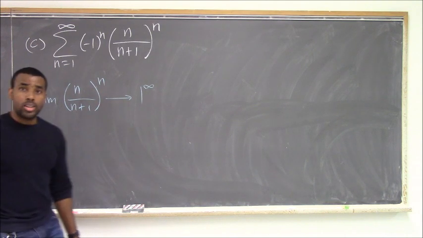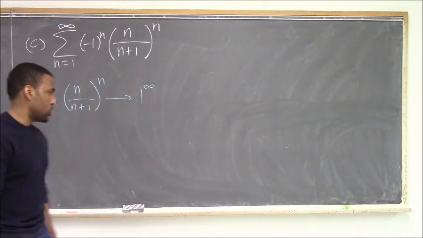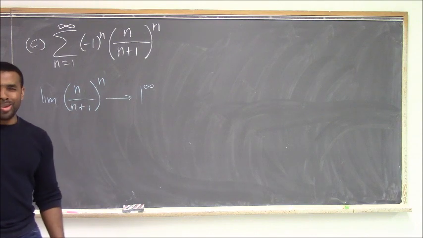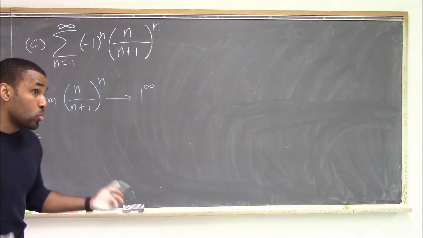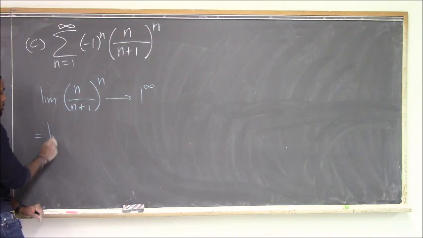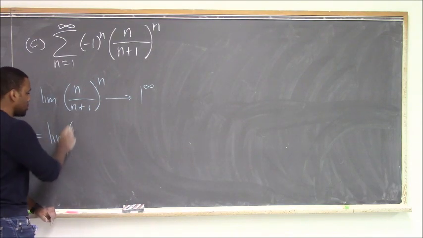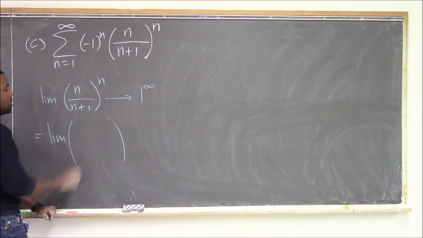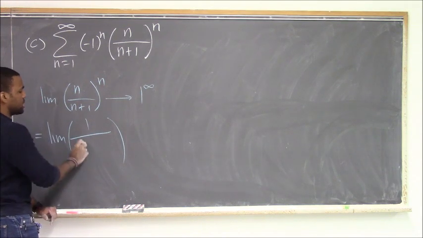Actually, I'm going to show you a nicer way to do this one, a shortcut. And then we'll do it the longer way. Here's something that you could notice. This is actually that.